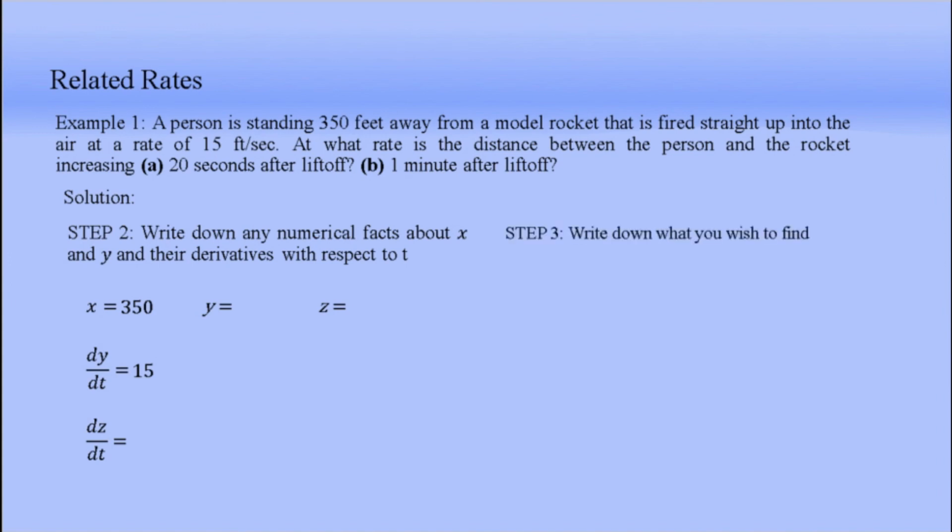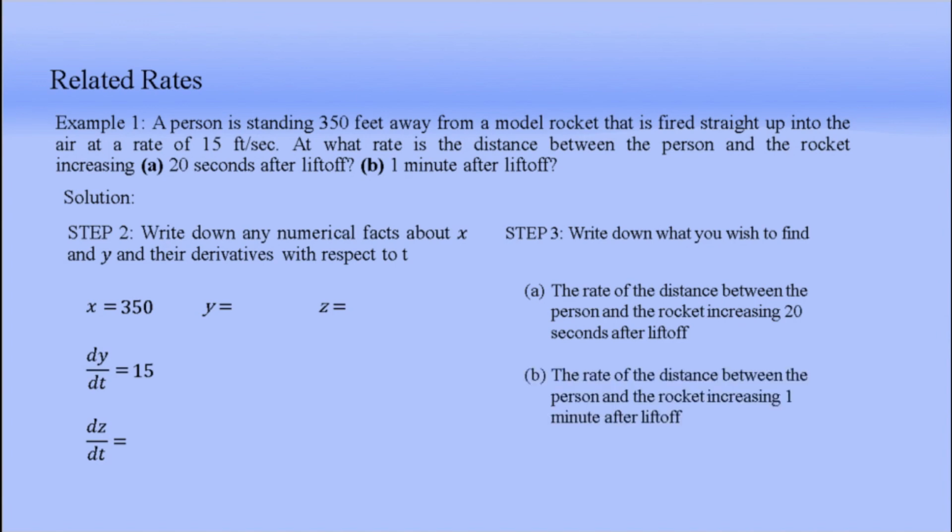Step 3 is to write down what we wish to find. So first we're going to find the rate at which the distance between the person and the rocket is increasing 20 seconds after liftoff, and the rate at which the distance between the person and the rocket is increasing 1 minute after liftoff.